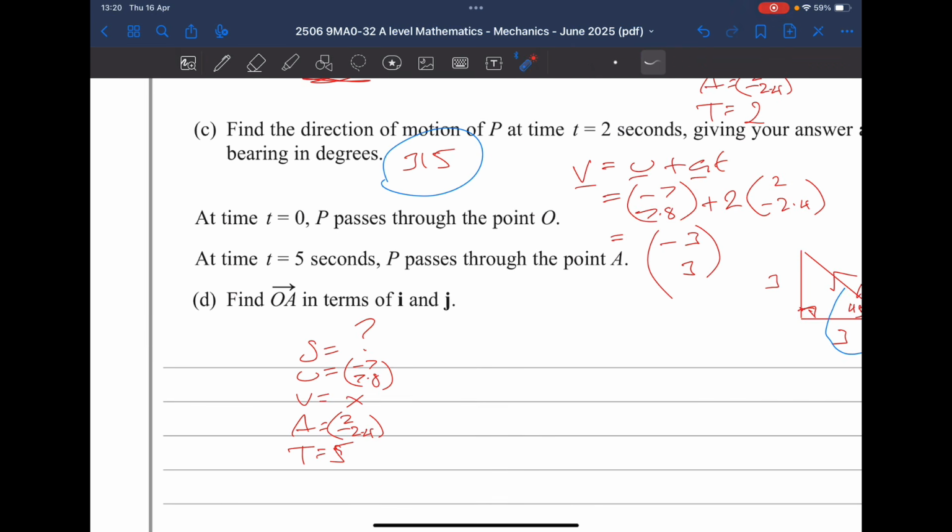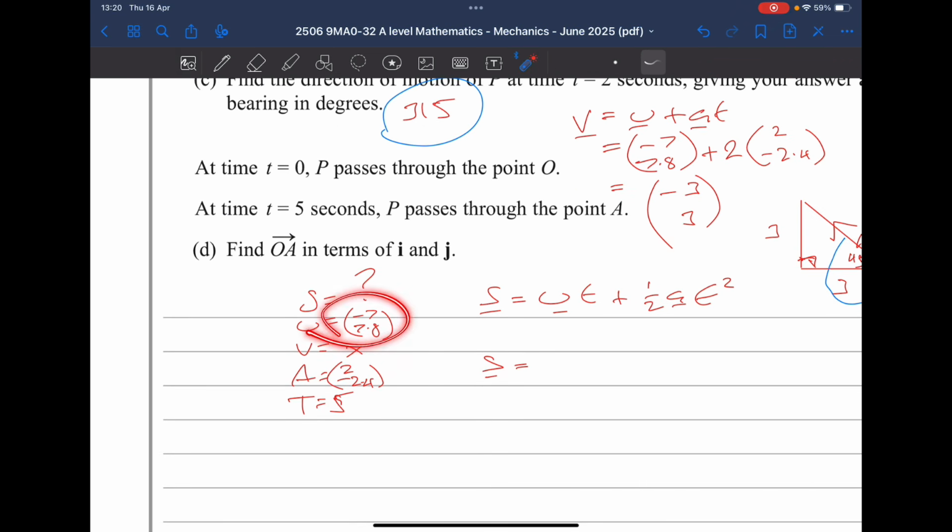So we need S is equal to ut plus a half a t squared. So u times t: 5 times 7 is 35, but we have a negative version. This is 7.8, so 0.8 times 5 is 4, so that gives us a 39.